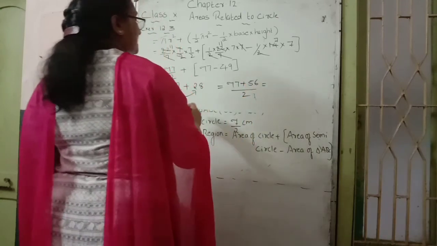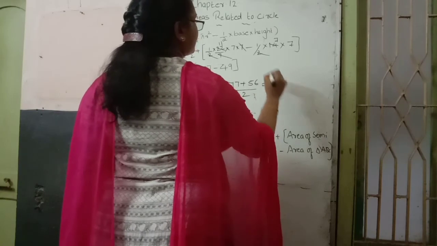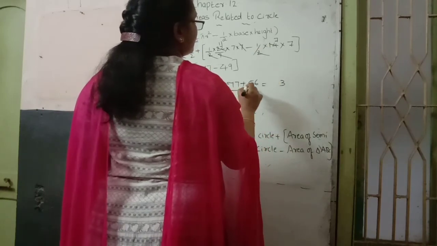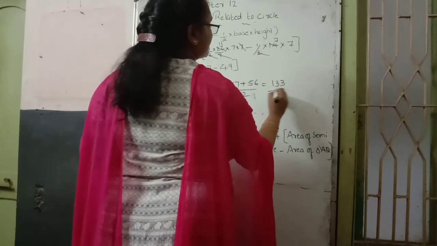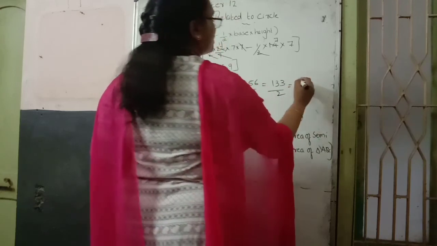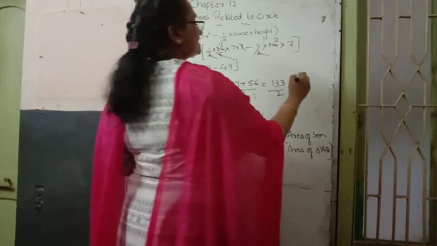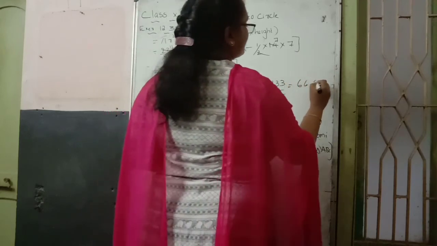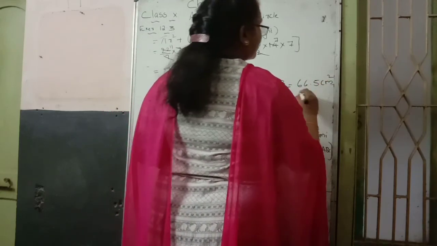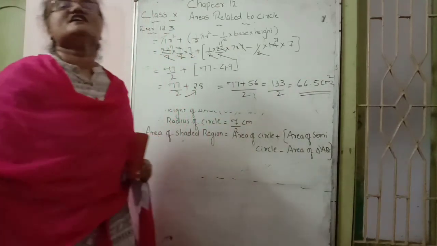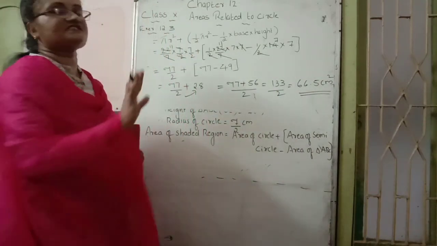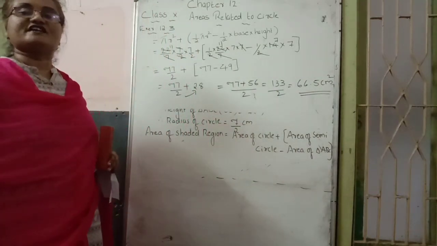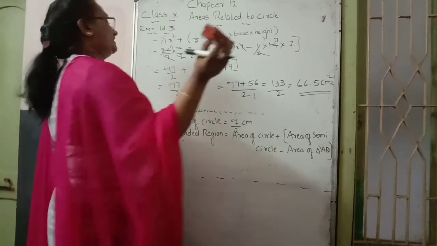Adding them, how much will come here? 133/2. Division doing time: 66, remainder 1, 6, here a remainder 1 is there, 66.5 centimeter square is the area of the shaded region. I hope you can understand this question, how to find out the area of that shaded region.